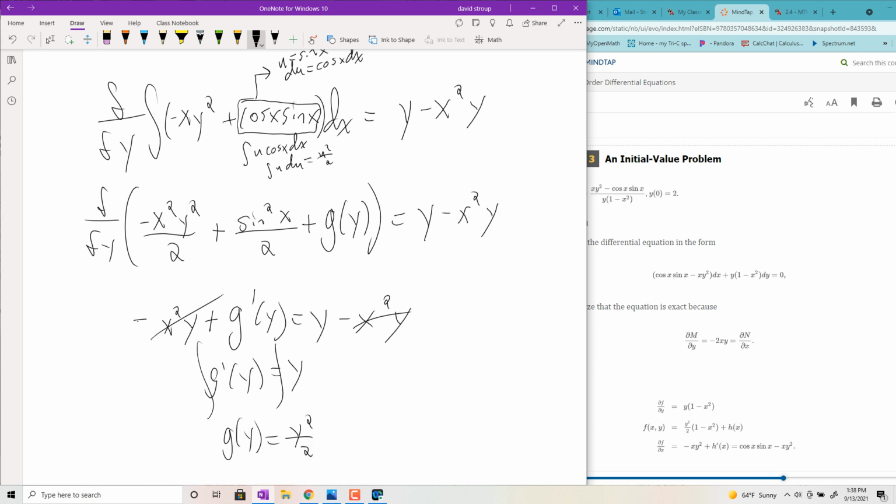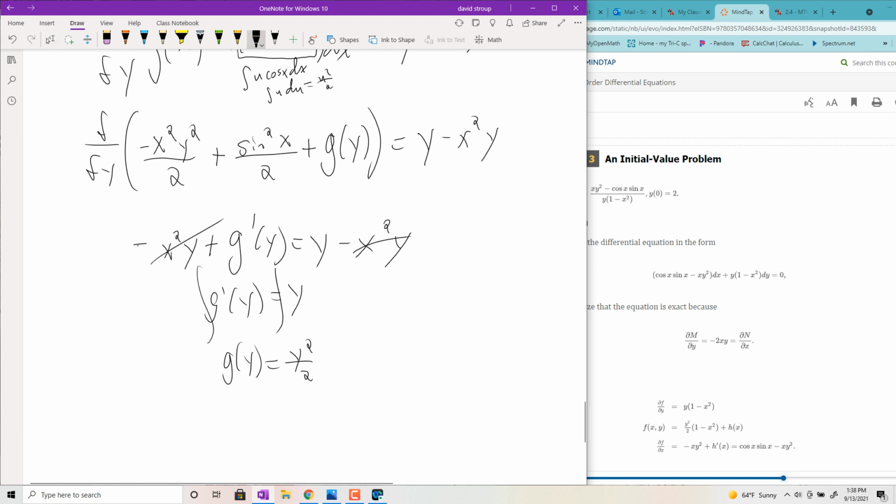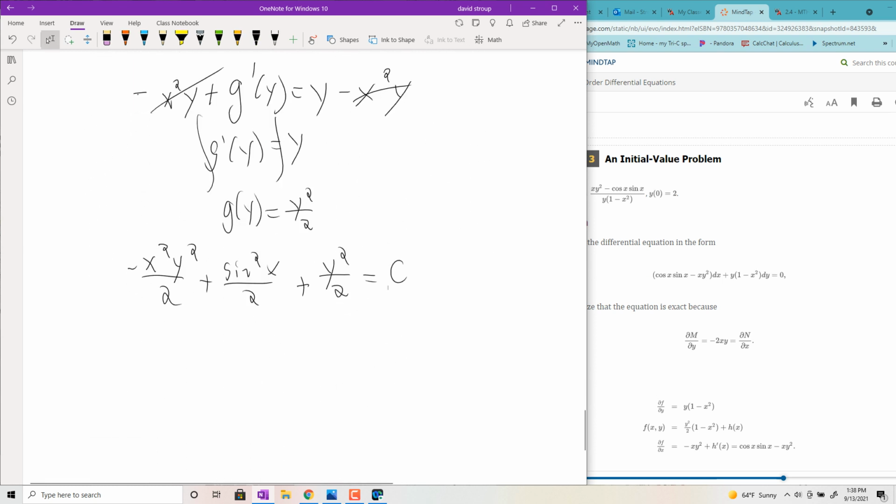Y squared over 2. And then we can get our solution, or a peek at it. So we got negative x squared y squared over 2 plus sine squared x over 2 plus y squared over 2 equals a constant. Then we use the initial condition, which was y of 0 is 2, in order to solve for the constant. So we plug in 0 and 2.